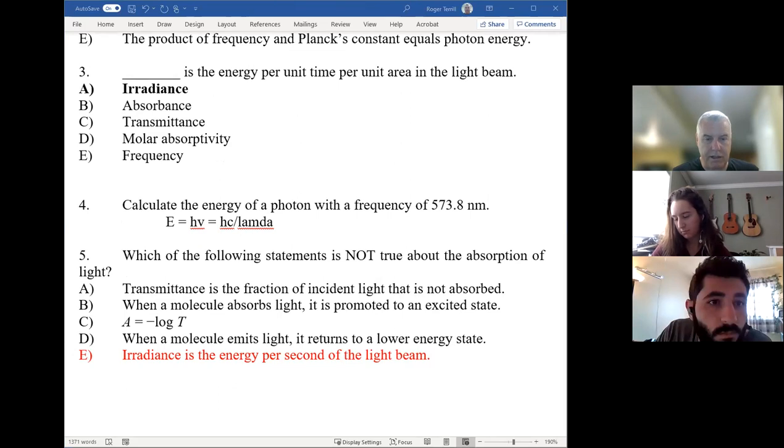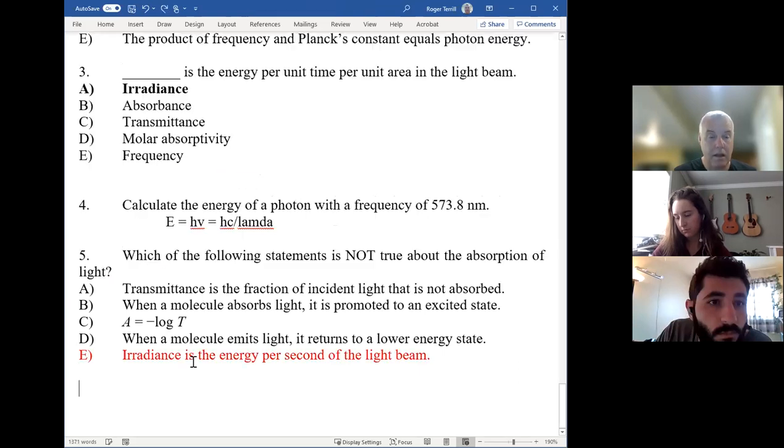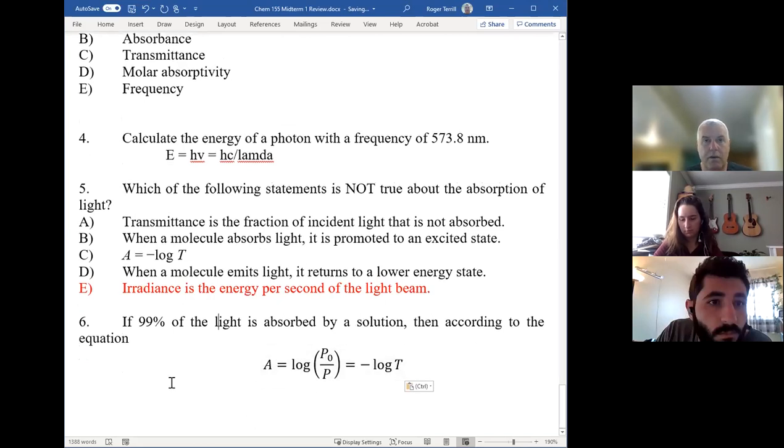If 99% of light is absorbed, and according to the equation here, what is the absorbance? Log of 0.99.